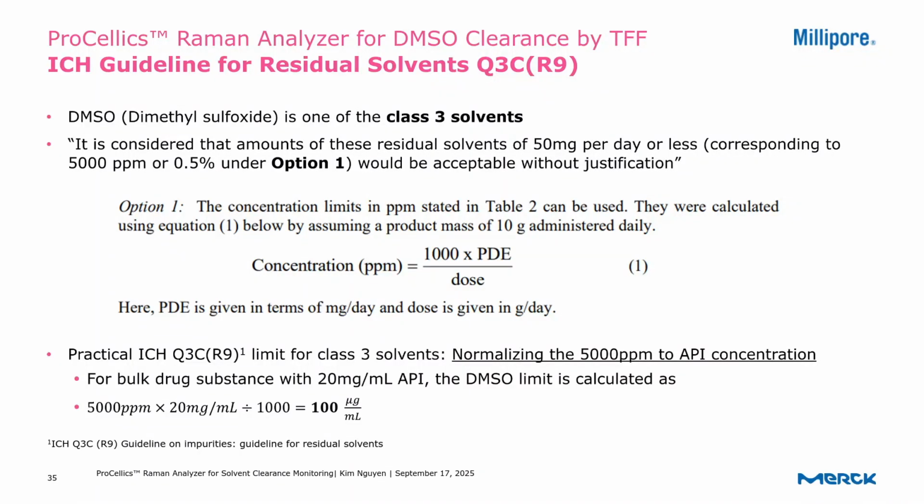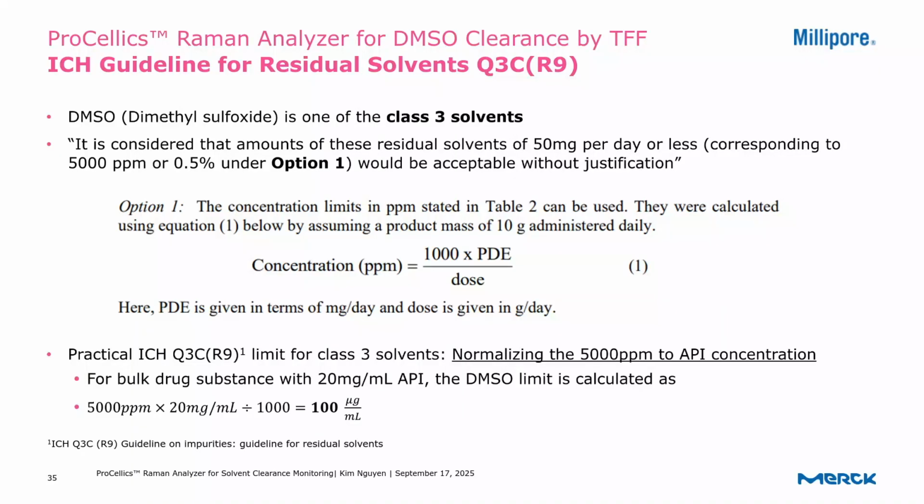To calculate the concentration limit in ppm, we take the PDE, which is 50 mg per day, multiplied by a conversion factor of 1,000, divided by the dose, which is 10 grams per day, which gives us 5,000 ppm.